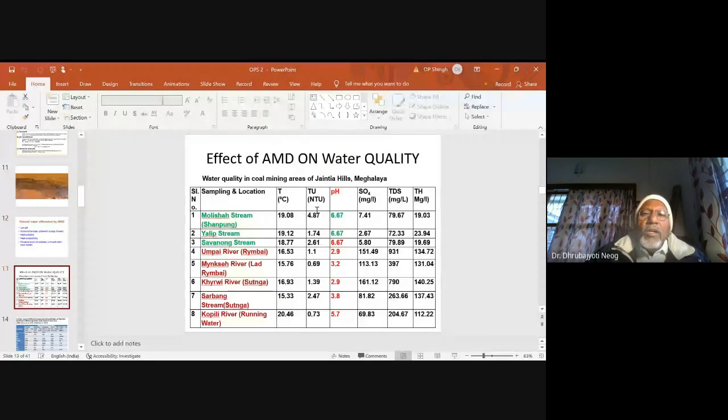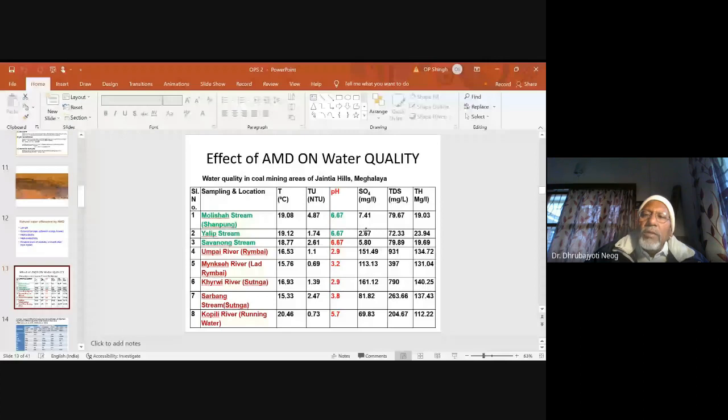Here you can see the streams affected by acid mine drainage. In the unaffected streams the pH is around 7, whereas in streams contaminated by acid mine drainage, you can see the pH has gone down to 2.9, 3.2, 2.9, 3.8, and so on. And this way, water becomes acidic.